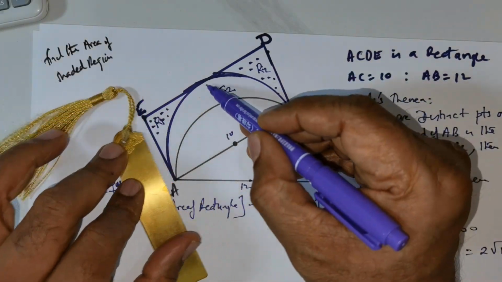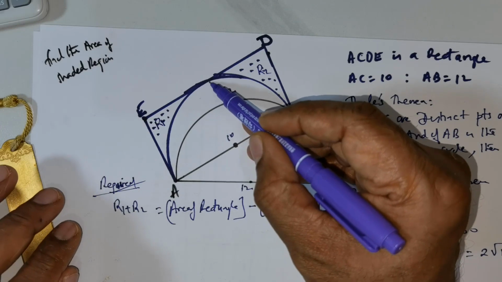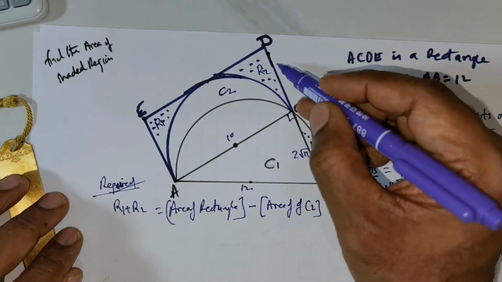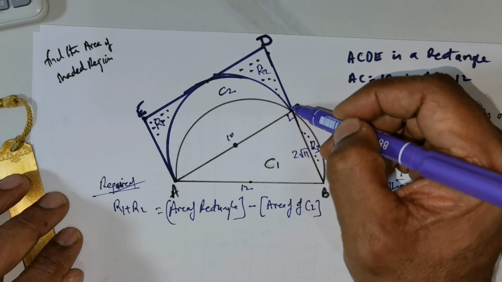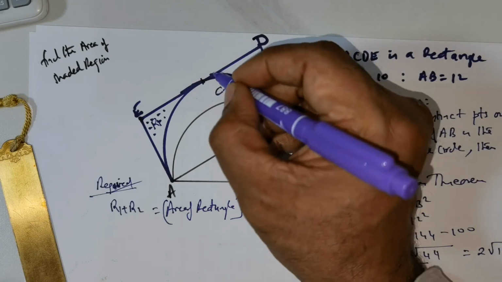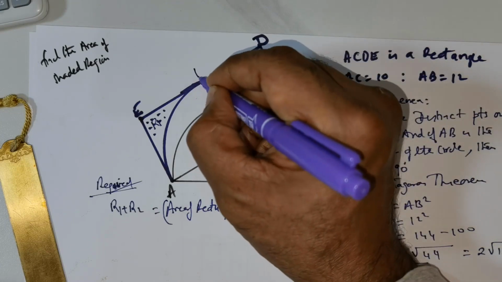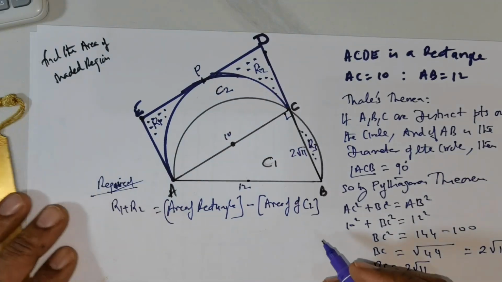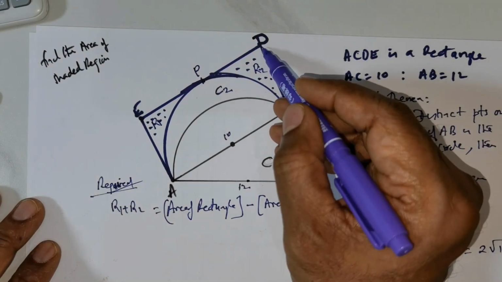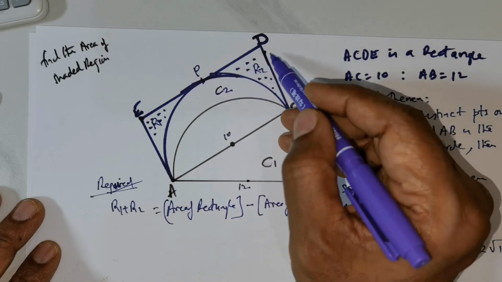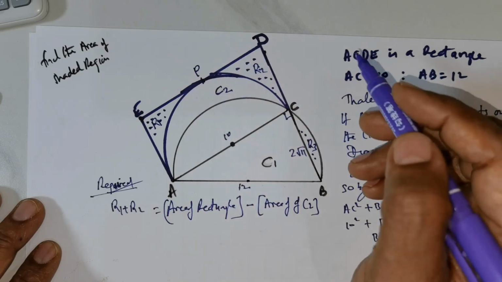Now watch here, there is a point of contact, there is a tangency over here, right? There is a tangency over here and there is a tangency over here. So if I were to take this point as some P, then according to the two tangent theorem, if I were to get two tangents drawn from an external point, then the length of the tangent would be one and the same.